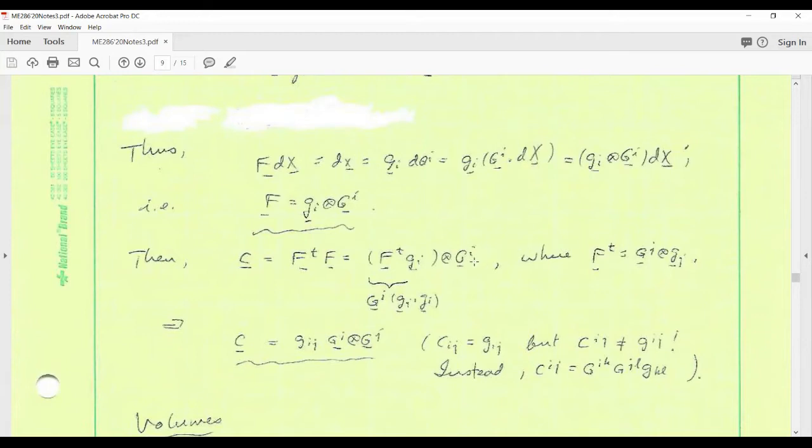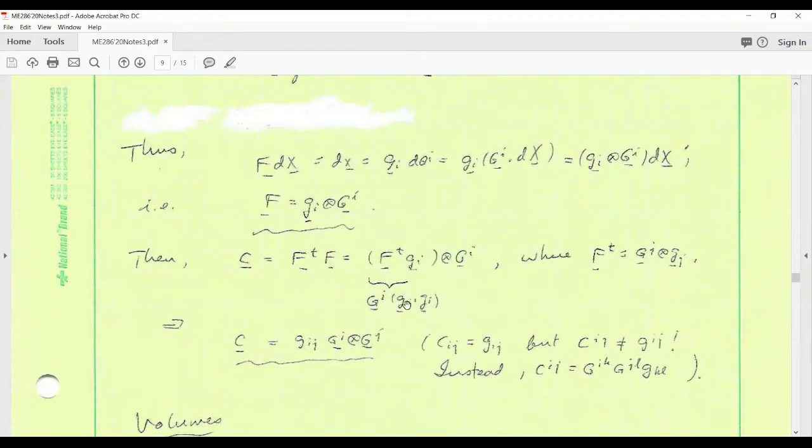And because I've used the I already as a summation index, in the expression for the transpose, I'll use J instead, a different summation index. Then this operating on small g sub I gives me g sub J dot g sub I, with a G super J left over. My writing is a bit sloppy, sorry. This would be a G super J here, if it's not clear. That goes with this.